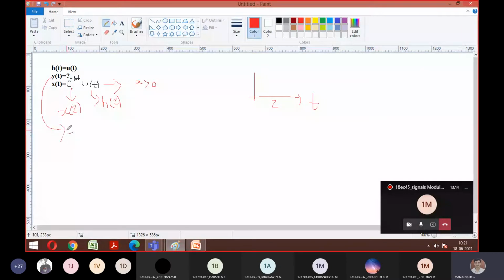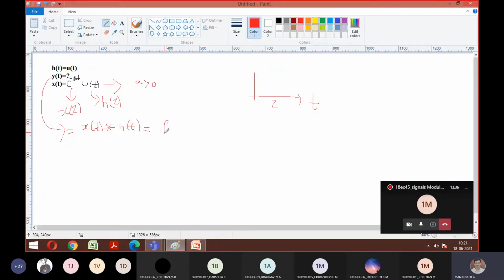So y of t is, in general, x of t convolution with h of t. For the convolution symbol, I told you to write a star mark like this. So this is the convolution symbol, x of t star h of t. And we have derived a formula for this also. What was the formula, guys?